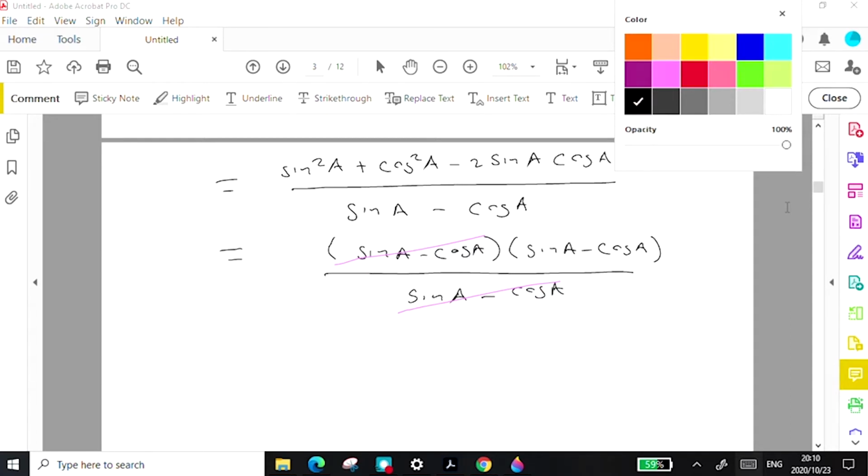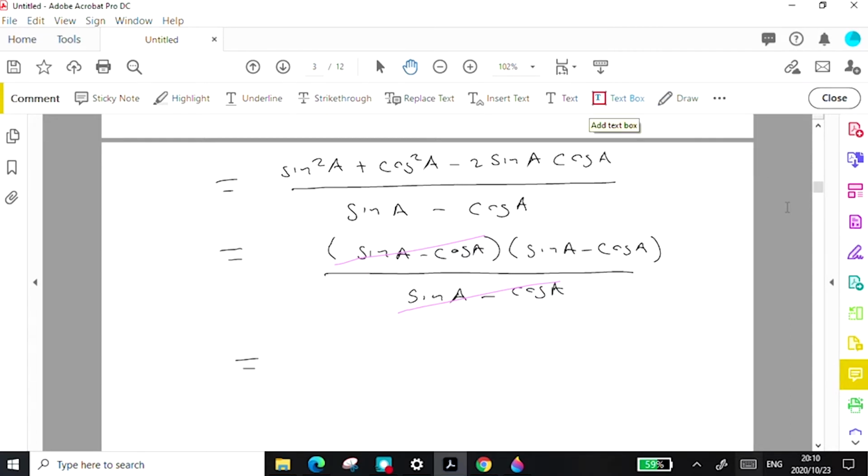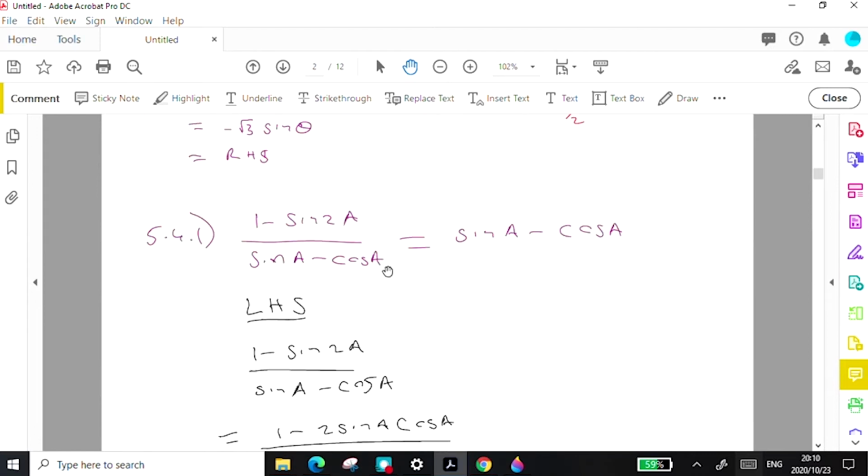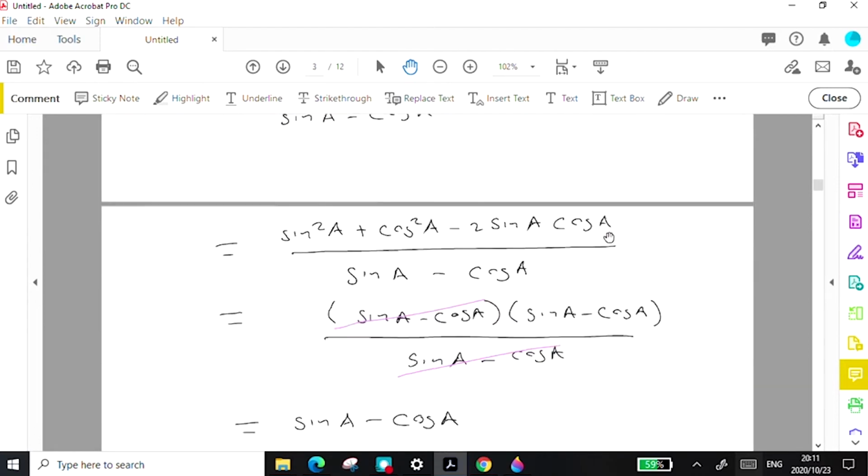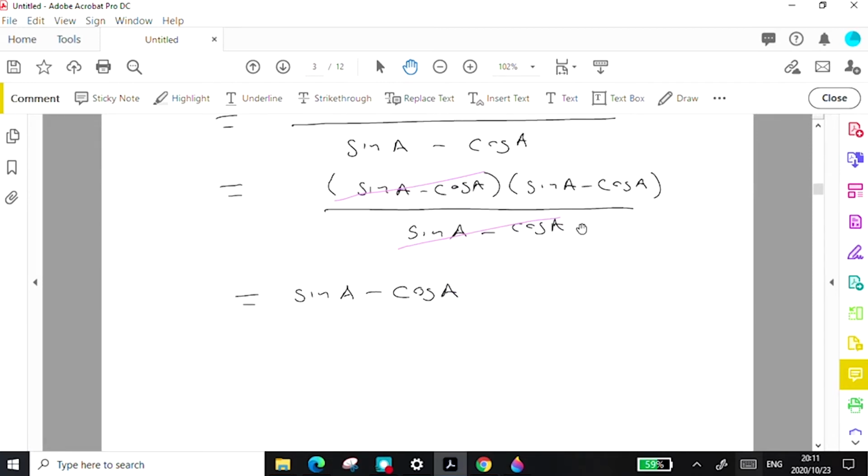So here we can write this as sine a minus cos a. We need to check if this is equal to the right hand side. And on the right hand side, we have sine a minus cos a. So this is indeed equal to the right hand side, which proves our identity.